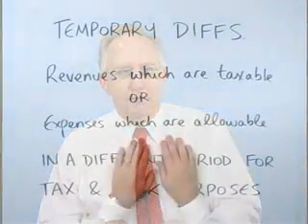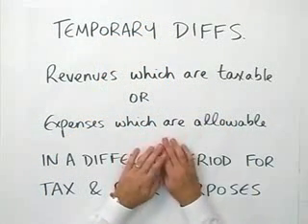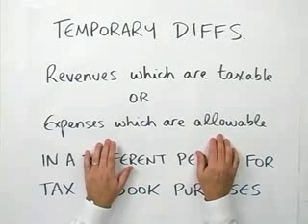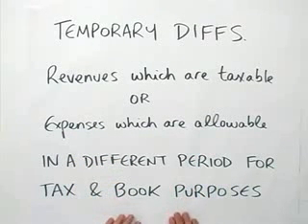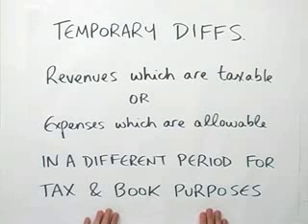Timing differences, however, are different entirely. Some examples of those follow. Temporary differences, also called timing differences, are revenues which are taxable or expenses which are allowable but are recorded in different periods on the tax returns and in the books. The one thing to remember is that most tax codes, in whatever country you might happen to be in, are based on the cash basis of accounting to a large extent.